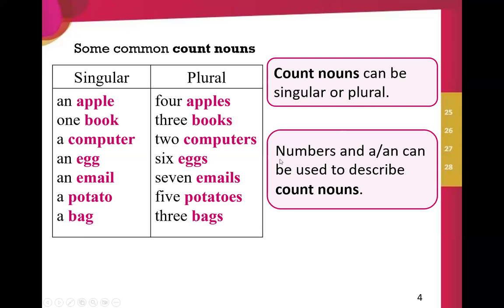Numbers and a or an can be used to describe count nouns. Also, we can use this or these to refer to something or some things, some groups of them.